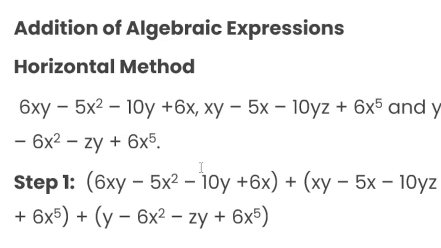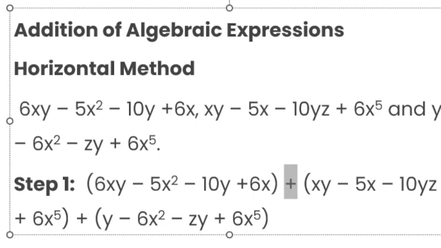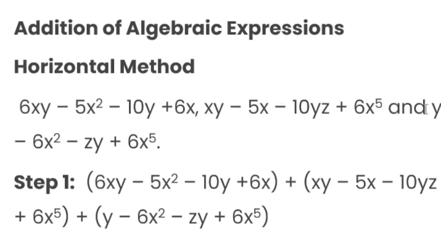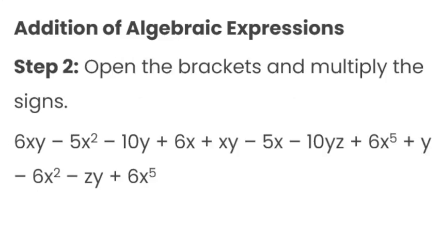So what you do in the horizontal method is you replace, because we are doing addition, the comma by a plus sign right here, and then the and is also replaced by a plus sign, which is right here. Simple up to here. All you have to do now is open the brackets.